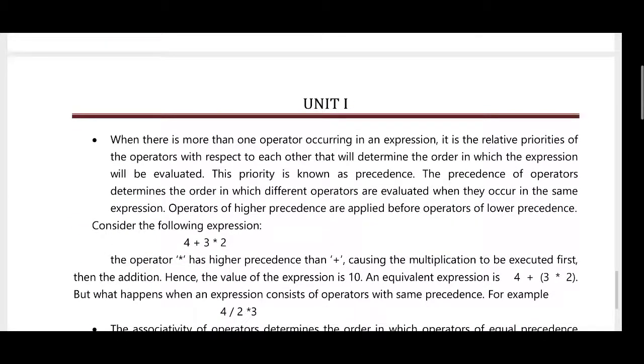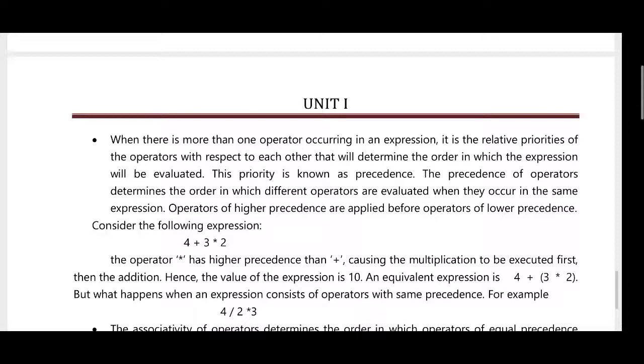When there is more than one operator occurring in an expression, the relative priorities of the operators with respect to each other determine the order in which the expression will be evaluated.